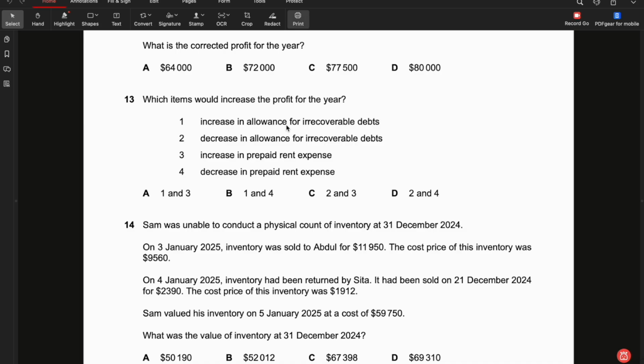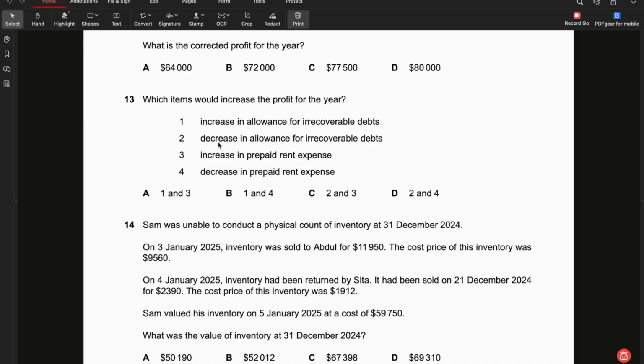Let's say last year we kept aside 2,000 rupees as an allowance for irrecoverable debt. Now that amount is increasing from 2,000 to 2,500 rupees. So this year we need to add 500 more there. This will decrease my profit. It is a charge against profit. I deduct it from my profit.